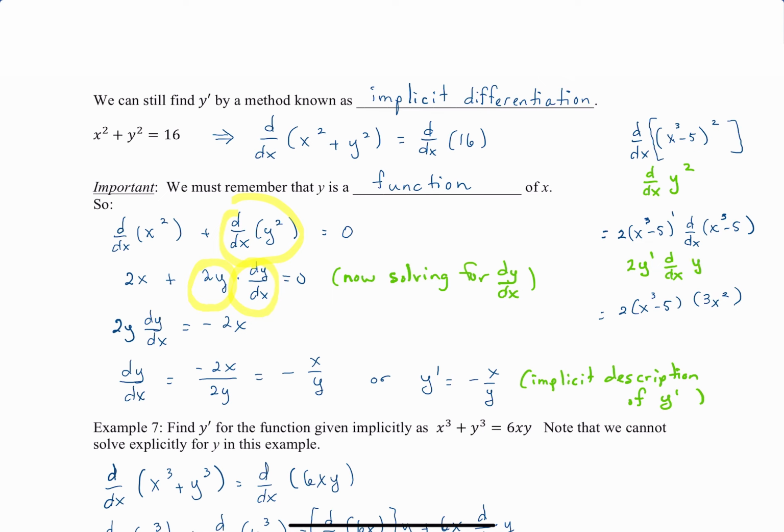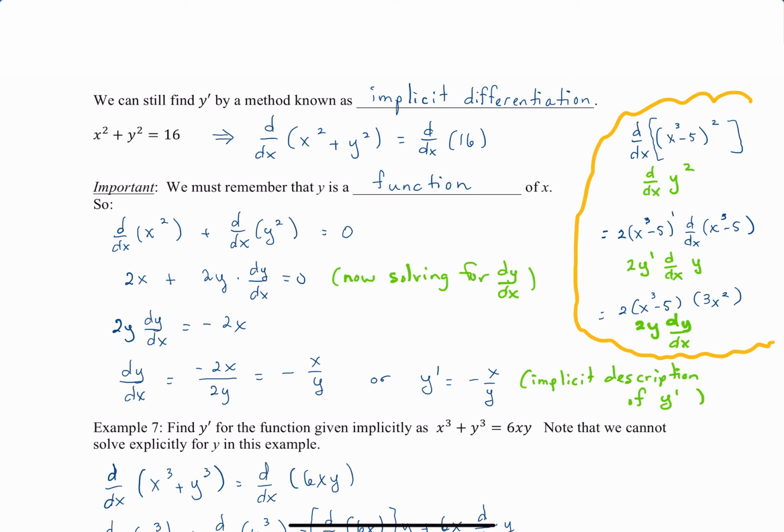And so you're going to end up with 2 times the function times the derivative of the function. So the thing that's different in implicit differentiation is you don't know what y is. You don't have the actual formula for it. You just have to work with it without knowing that.